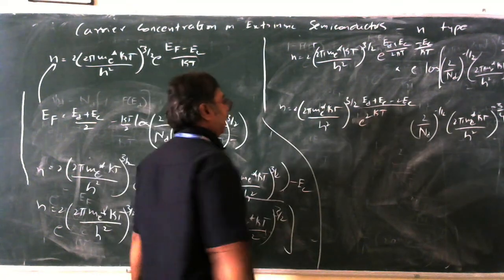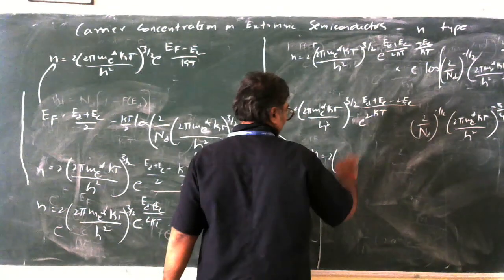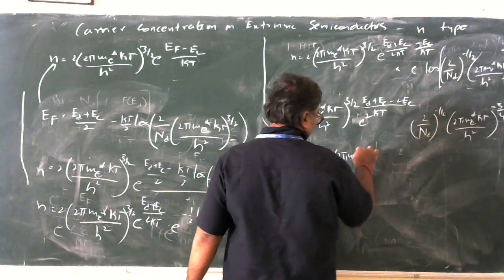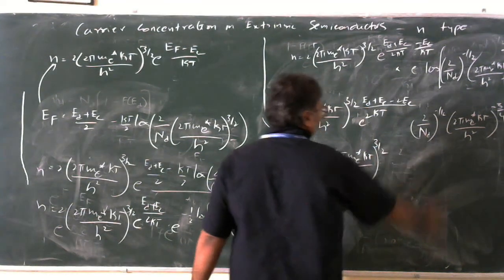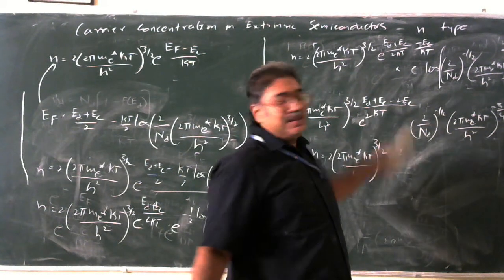So finally what happens to this? This becomes n equals 2 into (2πm_e*kT/h²)^(3/2) into, Ec minus 2Ec will be minus Ec.